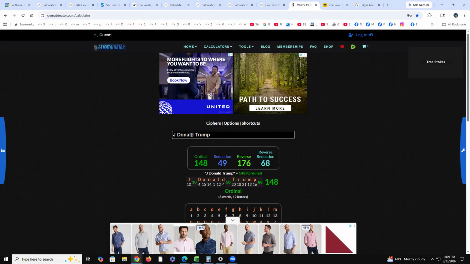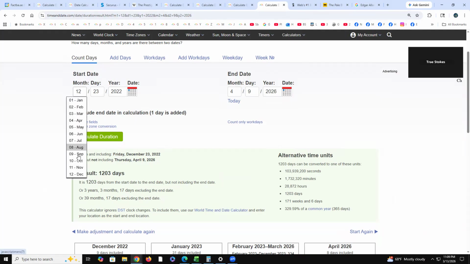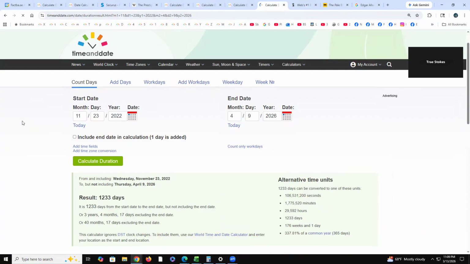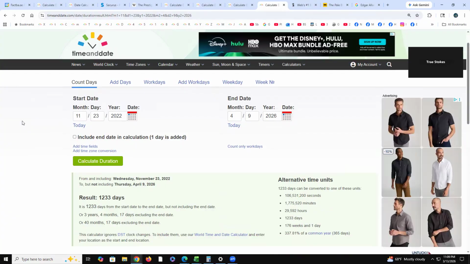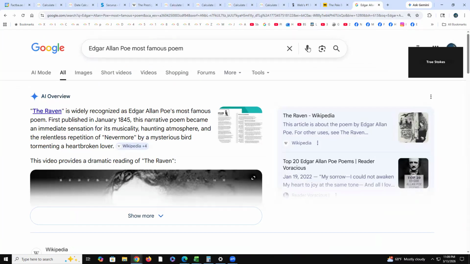J. Donald Trump or Donald J. Trump, there's your 68. So, yeah. Now, when you go to the Wednesday series, you do get a 1233, which they began with the Raven, with the red eye at the beginning, and they had the Poe race, the Edgar Allan Poe race.